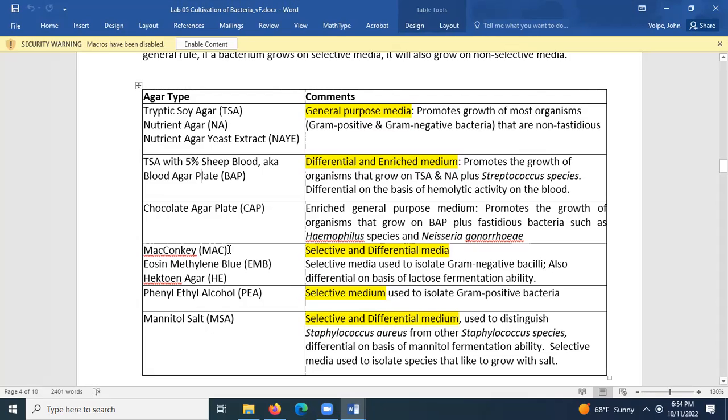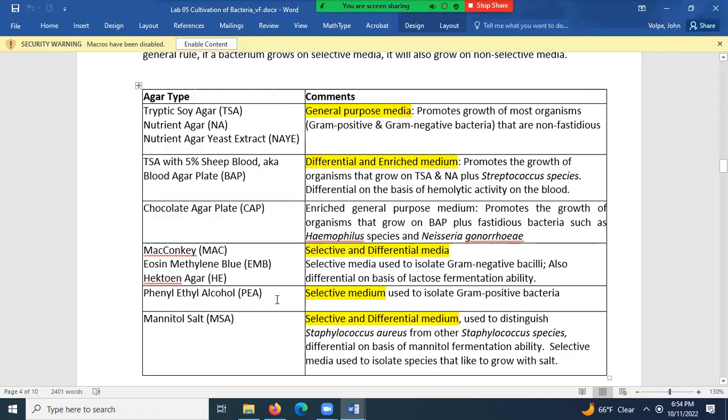Any question about any of that? And all 3 of these media that we're going to talk about just happen to be the same. Like mannitol salt agar is differential on another sugar, and we'll talk about that in a minute.